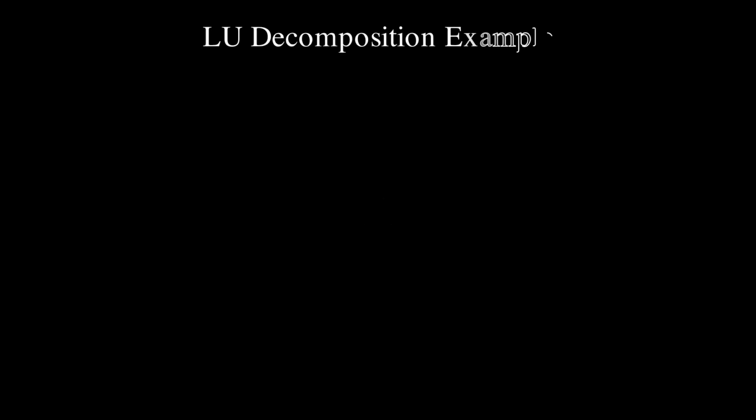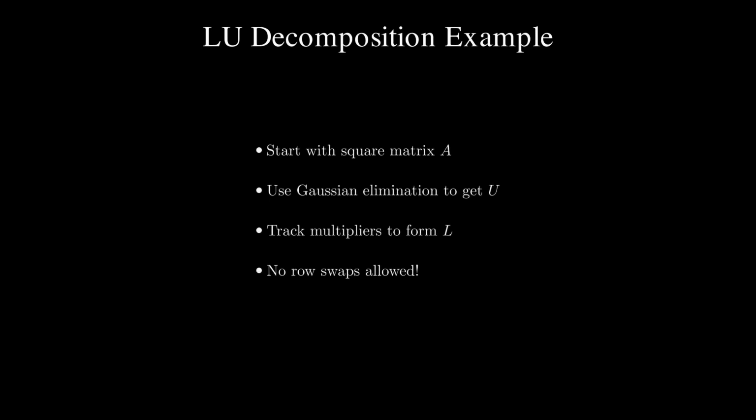So now that we've got the definition under our belt, let's actually look at finding a valid LU decomposition. So here's the process, generally speaking. We're going to consider some square matrix A, and we're going to perform Gaussian elimination on that matrix until we arrive at some echelon form, which will be U. And while we're performing this Gaussian elimination, we're going to keep track of all the multipliers in order to form L. Now I'll talk about what multipliers are in a second.